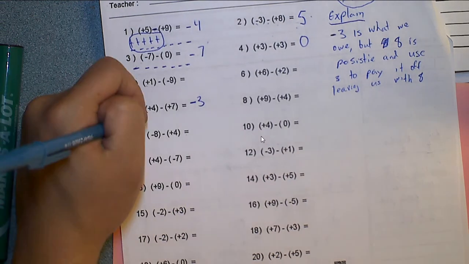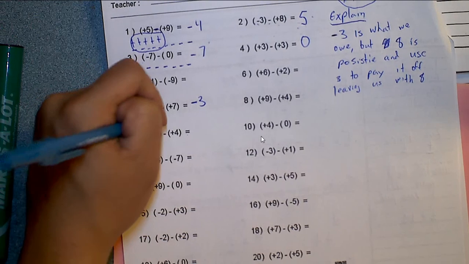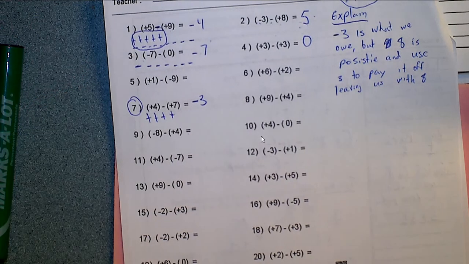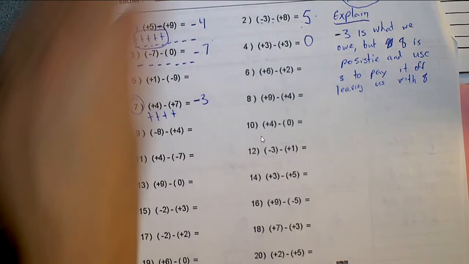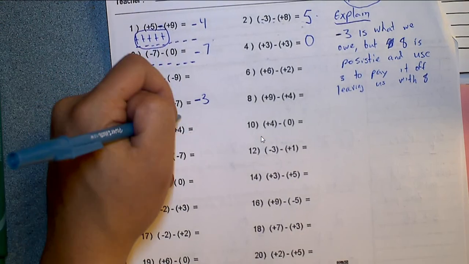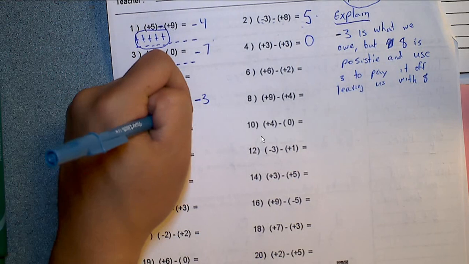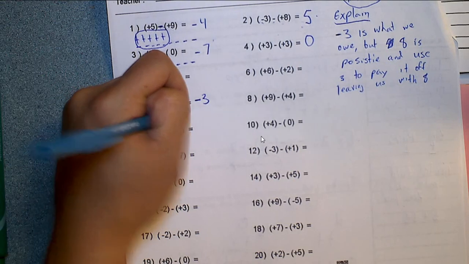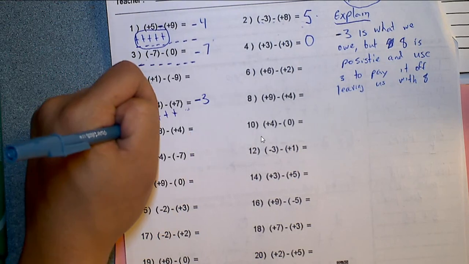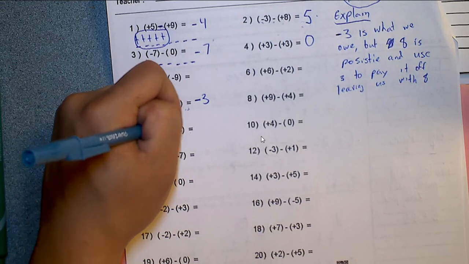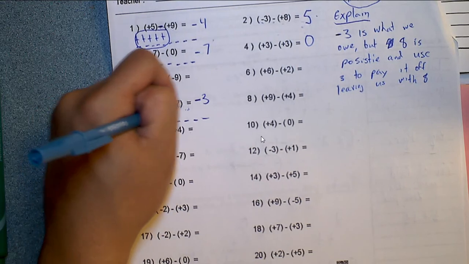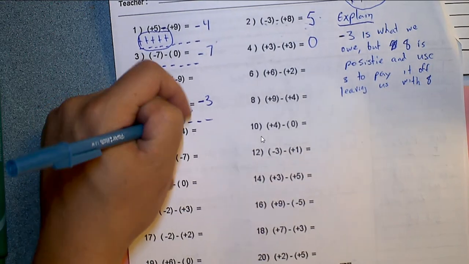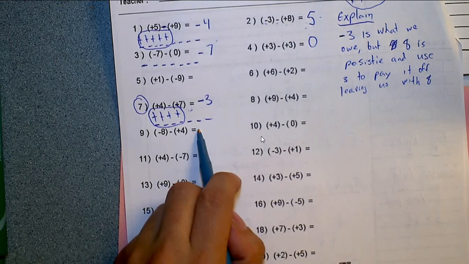We have 1, 2, 3, and 4. Now we're losing 7. So that means I have this. 1, 2, 3, 4, 5, 6, and 7. These guys get caught up, and now I'm left with 3.